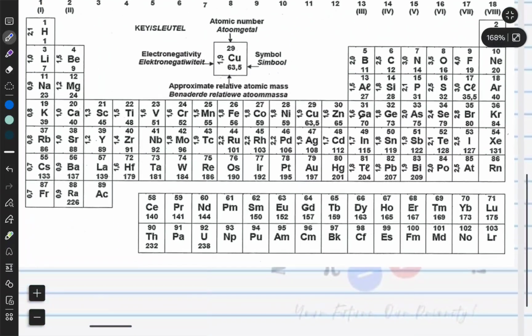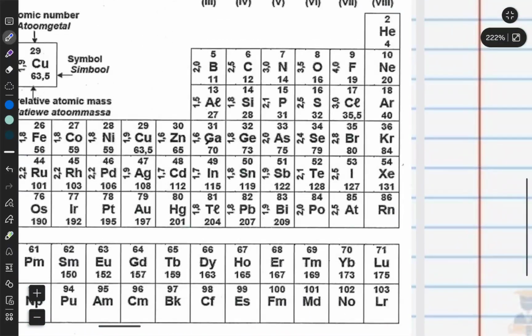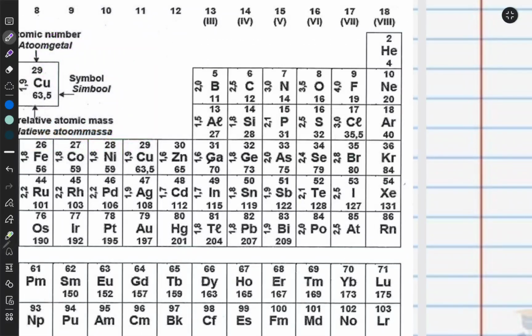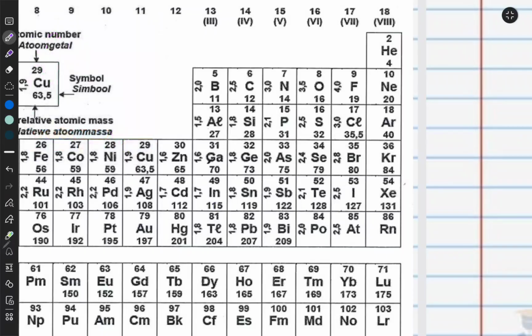So remember, we were talking about metals and non-metals when we were talking about the types of interatomic forces or interatomic bonds. All right, so remember how we do it: if you check your textbook, we usually draw a line like a staircase, and we divide like this.